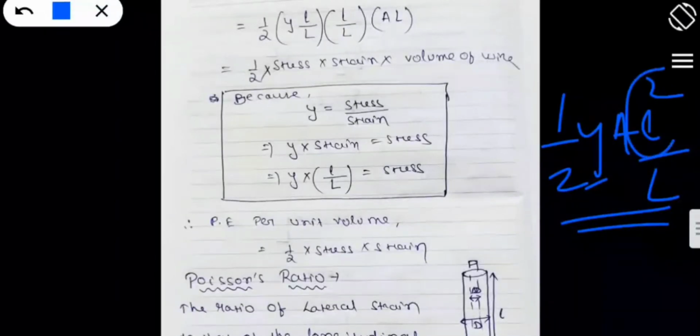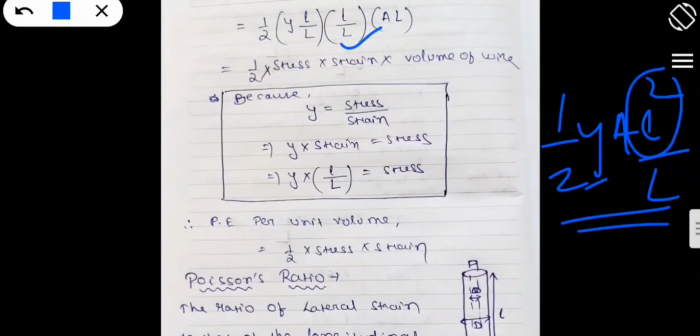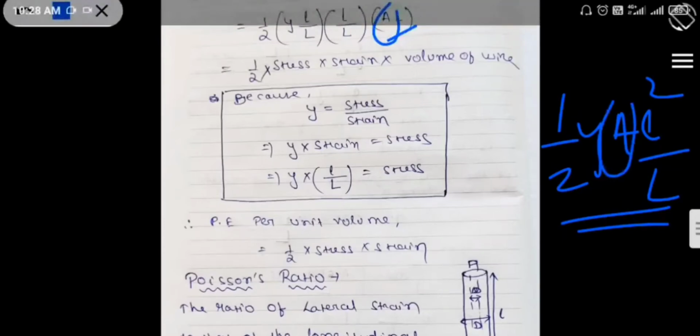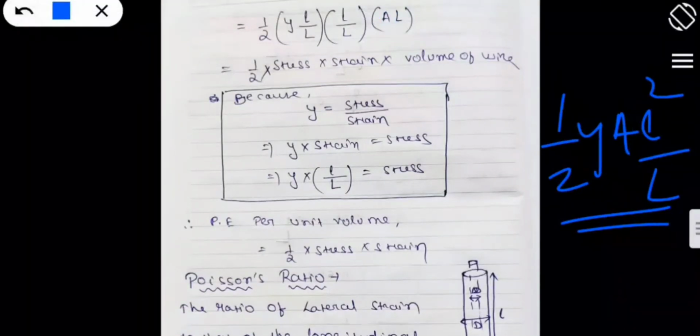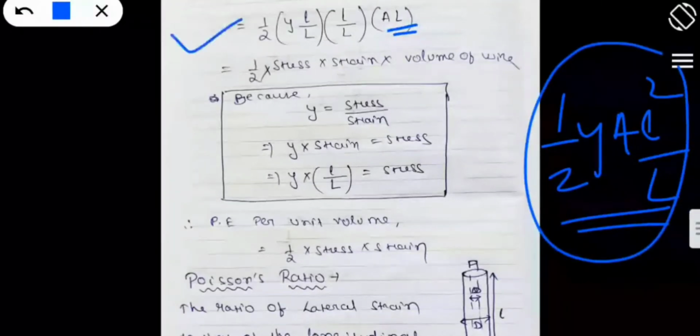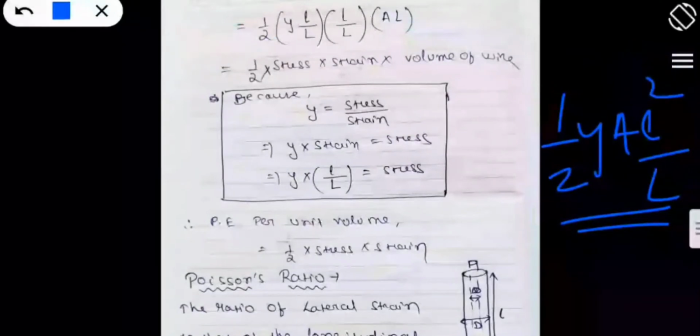Instead of l squared I will write one l upon L and another l upon L, multiplied with A. And I have to eliminate one capital L, because this is not L squared, this is only a single L, right? So I need to multiply with another L. Why I am writing this, you will get to know in the next step.